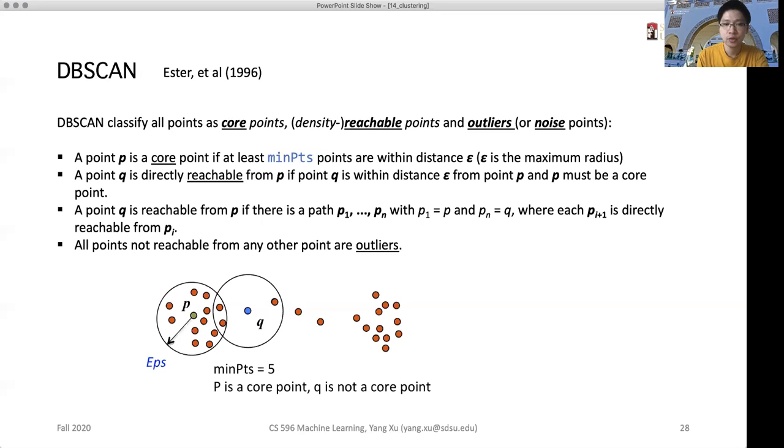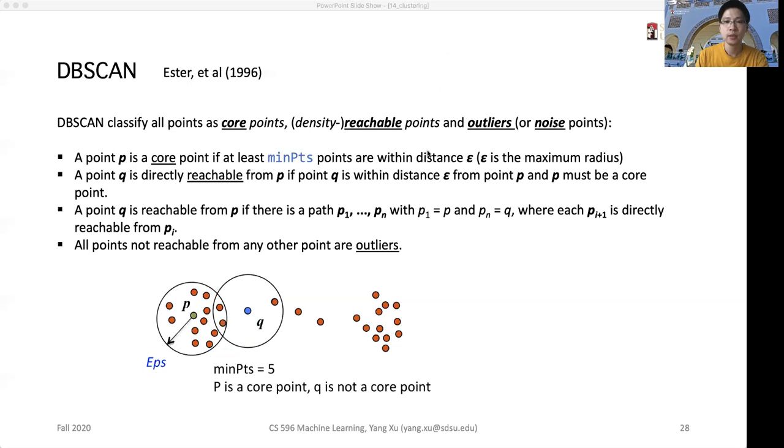And Q, if we draw a circle around Q, then there are only 3 points within the radius. So Q is not a core point. Okay, but Q may be reachable from P because if we draw a circle around these points, it may include Q in the radius. So there can be some path from P to Q.